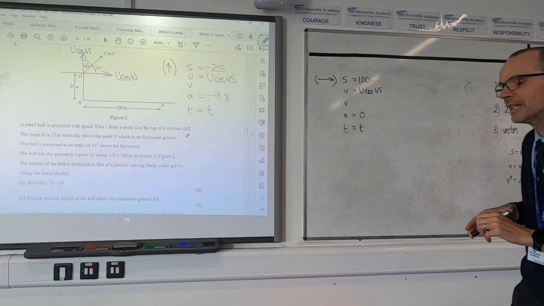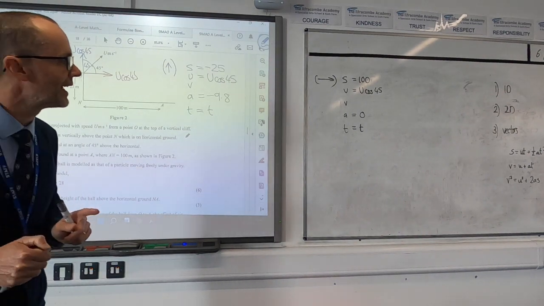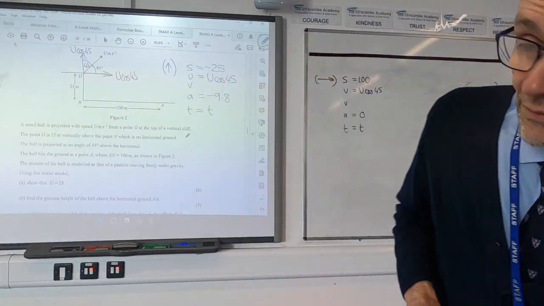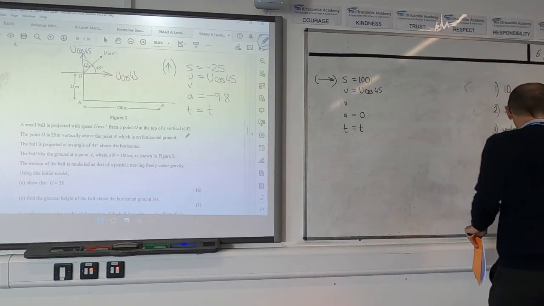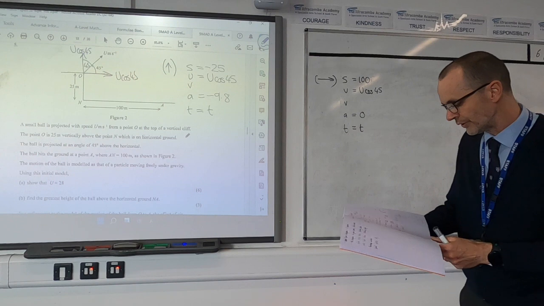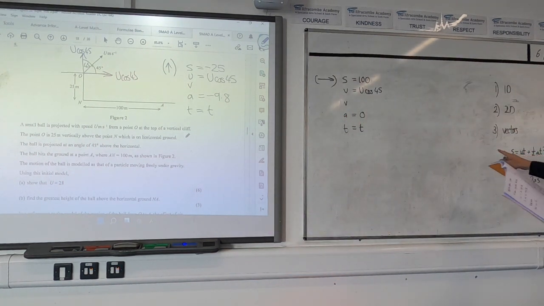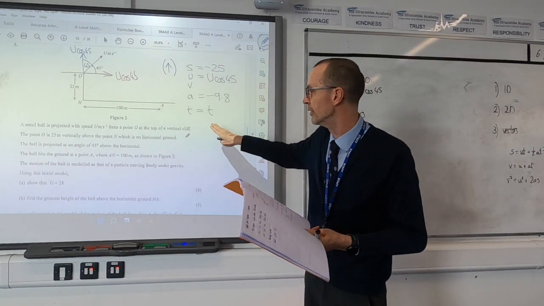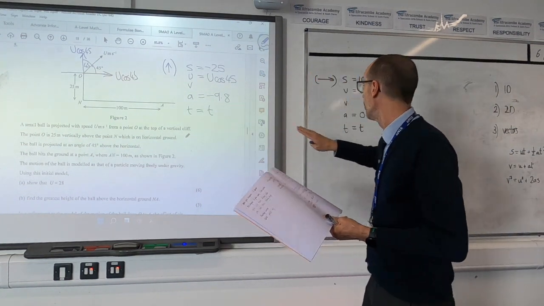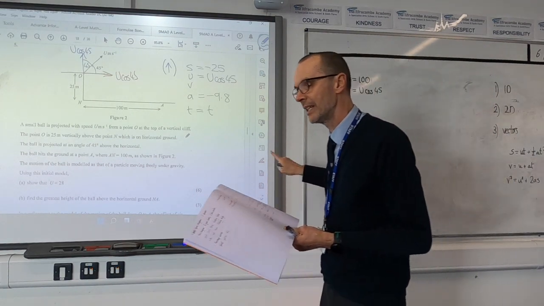And that allows me to write 2 equations which I can then solve. This problem doesn't involve v at all, so it almost certainly is going to involve this equation. So go on, see if you can get somewhere with writing the s equals ut plus a half at squared equations, one for the vertical movement, one for the horizontal movement. We don't know the time, so we're just going to call it t.